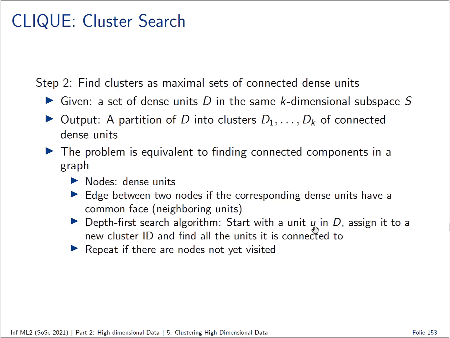And if we find new connected units, these are also added to the queue, and we do that until the queue is empty. Then we found one cluster. And if there are nodes that are not yet visited in the original set here, then we repeat this search, obviously. So that is very easy even to implement.